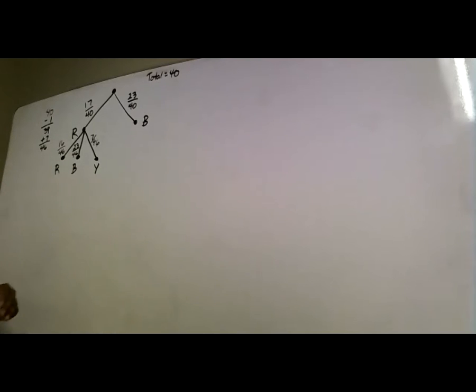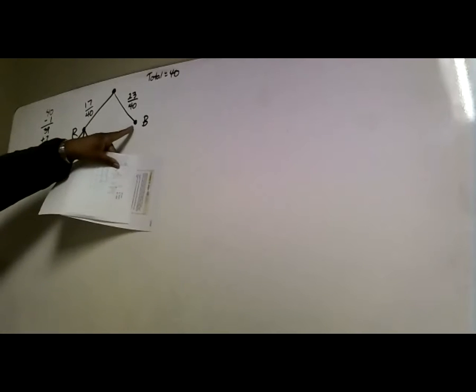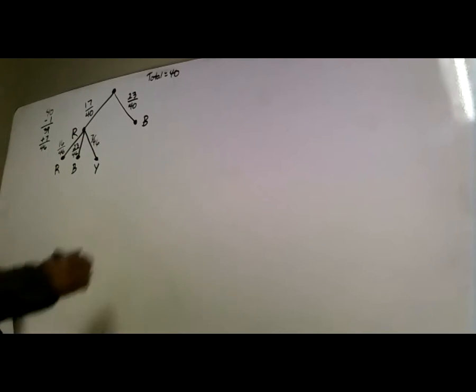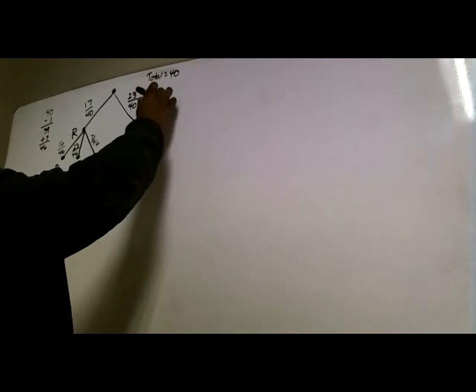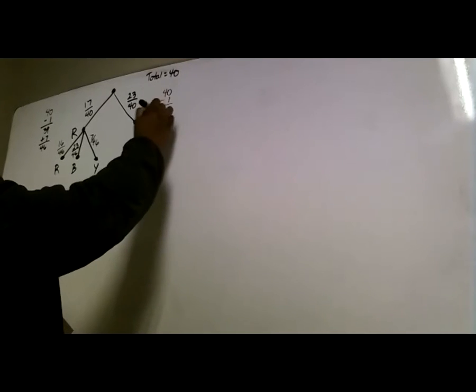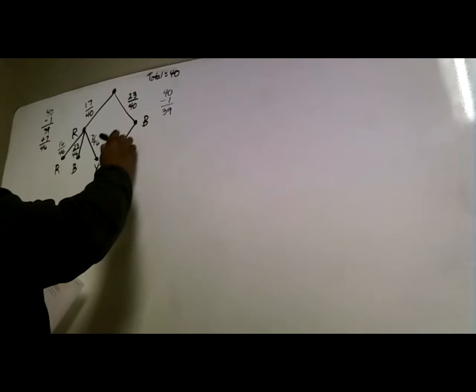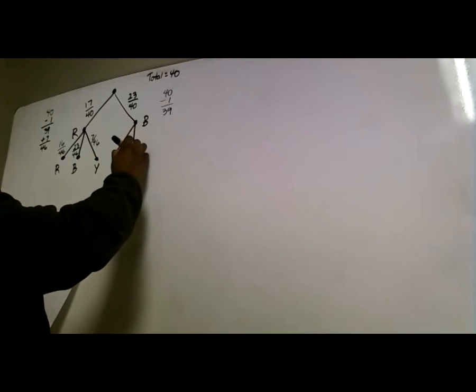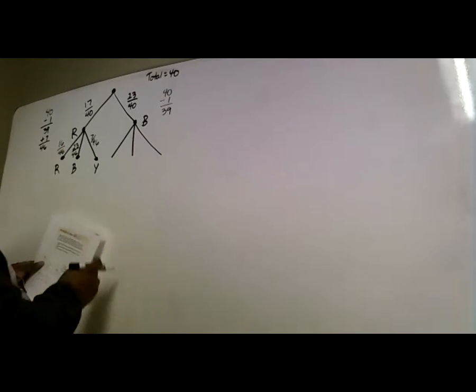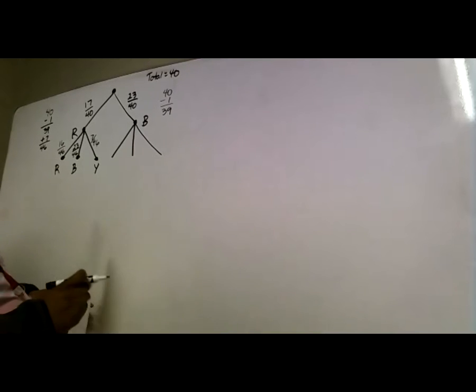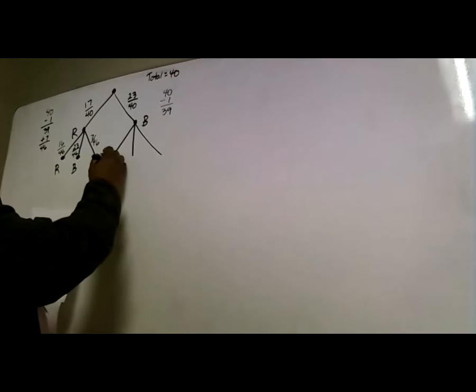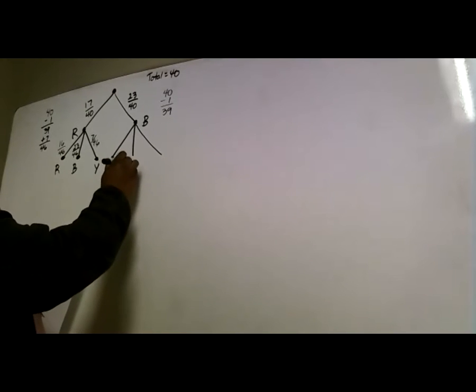Okay, is everyone with me up to this point? Good. All right, now the other part of the question is, if the first marble was black, so you'll be down to 39 marbles on the second draw. But we have to add 13 blue marbles. So here you're going to have a red and a black.